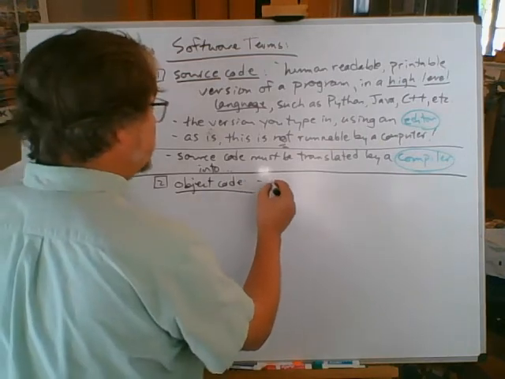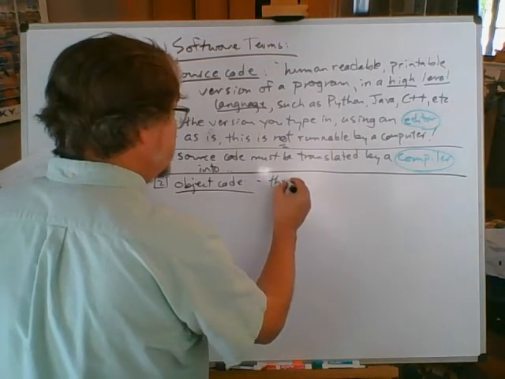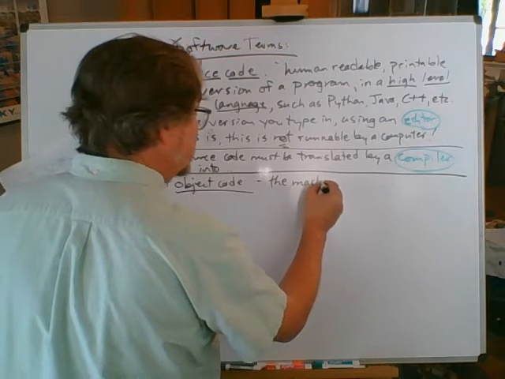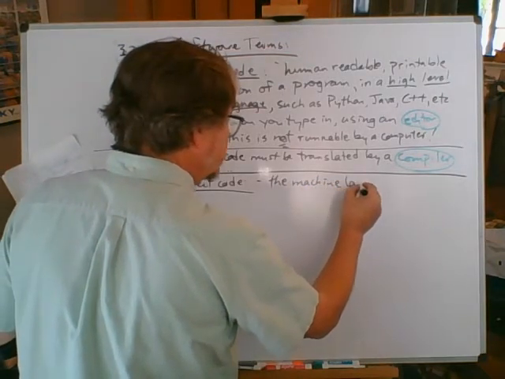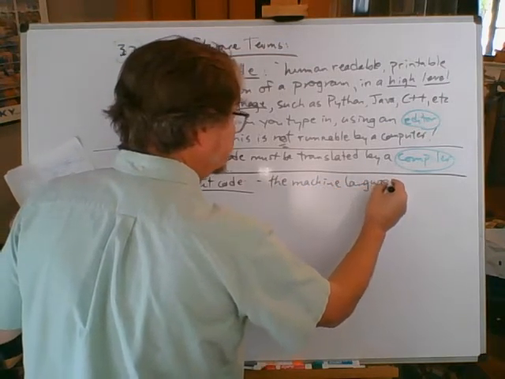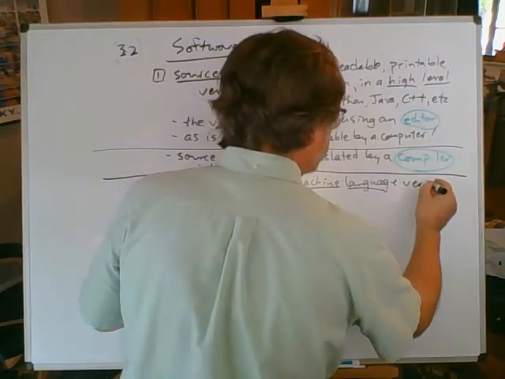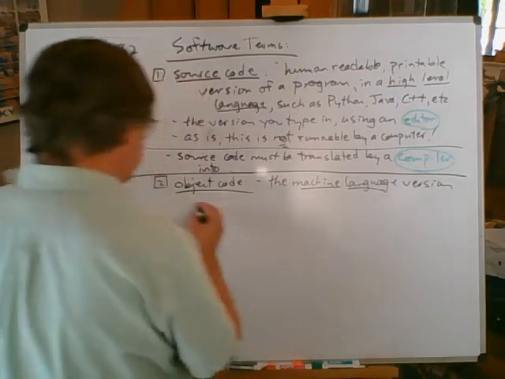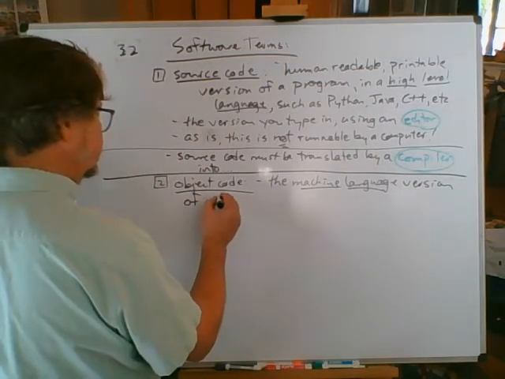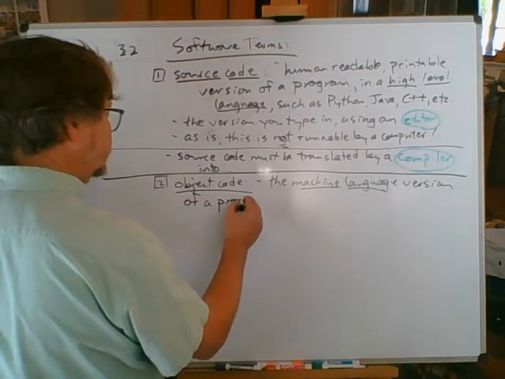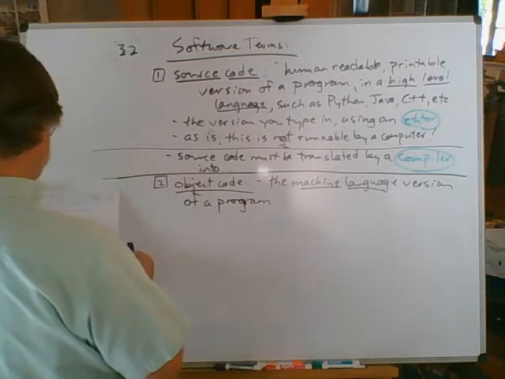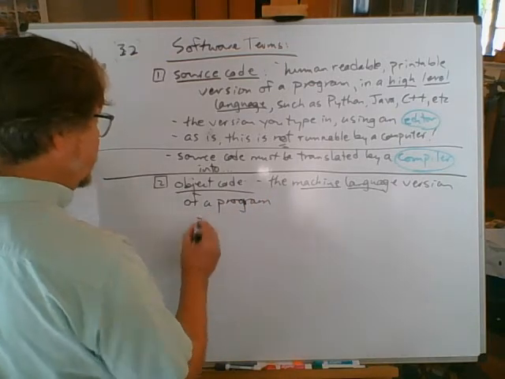Object code, first bullet point. This is the machine language, M-A-C-H-I-N-E, language version of a program. Second bullet point. What does that even mean?